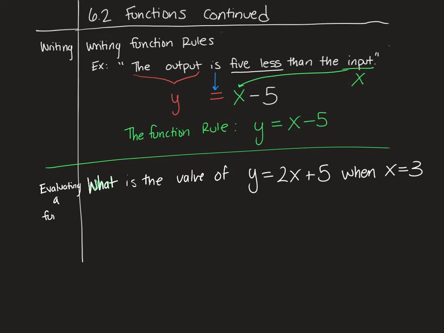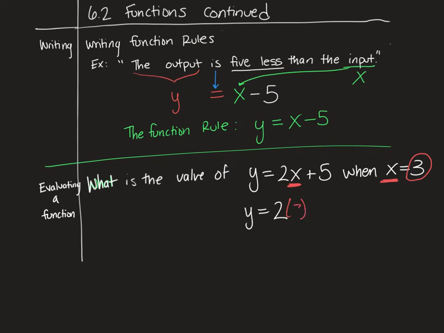And this is called evaluating a function, by the way. So my input is 3. Everywhere I see the letter x, I'm going to input the number 3. Here I see my letter x, so I'm going to input 3 right there. When I rewrite this, I have y equals 2 times 3 plus 5. So my input is 3.